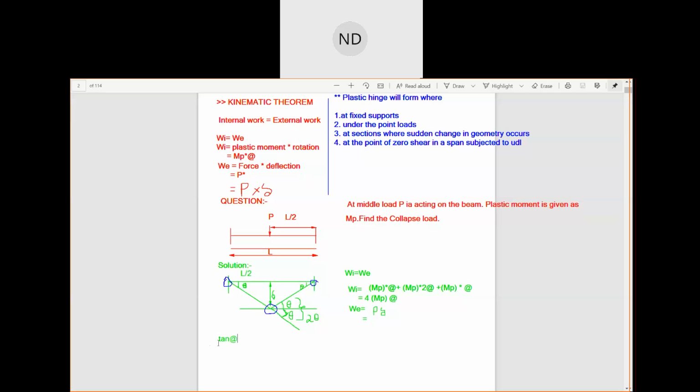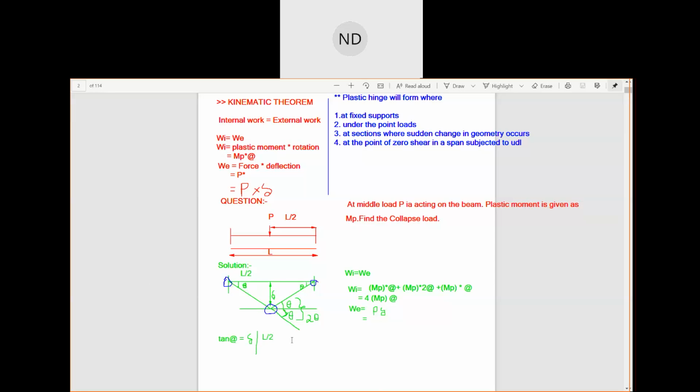tan theta is equal to how much? Your tan theta will be delta by L by 2, perpendicular by base. So this will be your delta by L by 2, right?